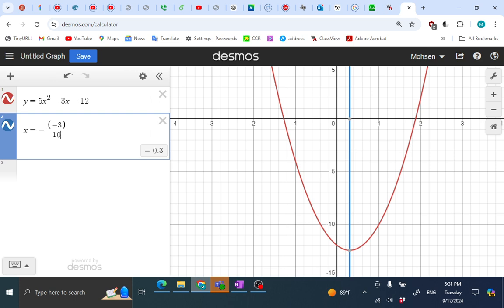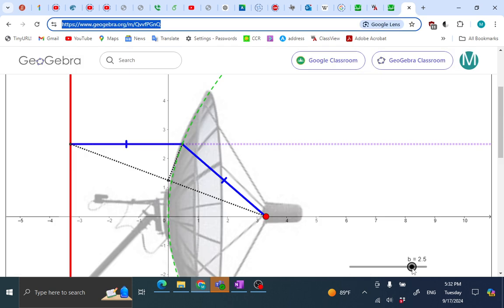Let me show it to you. Okay, so here is a demo of a satellite dish. This one is pointing horizontally, but in general, of course, the direction that you point it is toward wherever the satellite is in your sky.